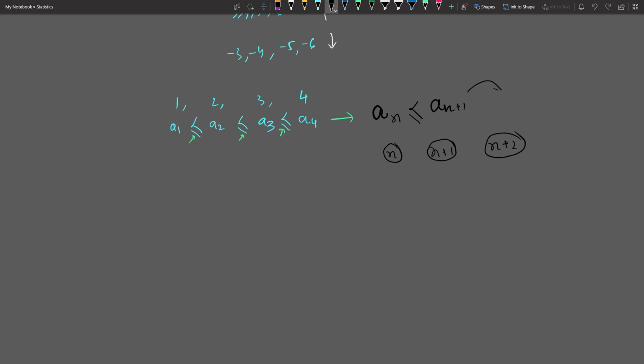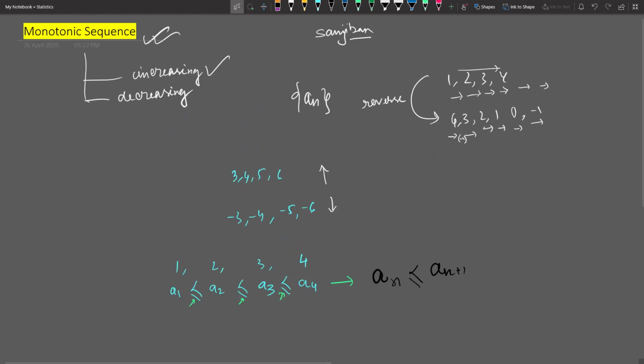It can be written as a_(n+1) less than or equal to a_(n+2). So here is the main idea of knowing this. And let's move forward with the monotonically decreasing function.